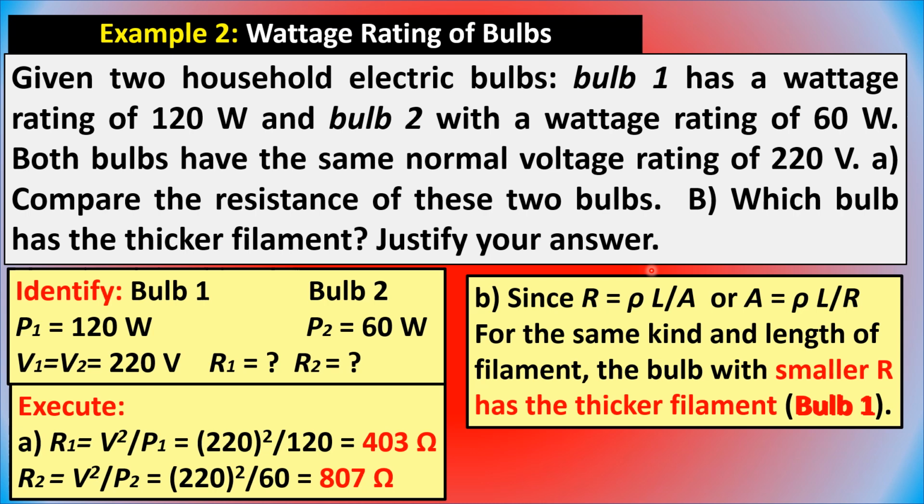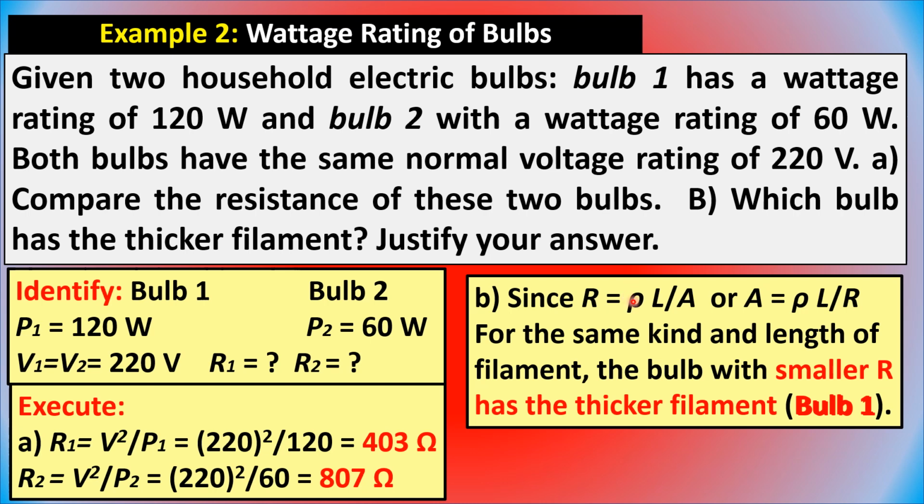This Greek letter rho stands for resistivity. It's like the opposite of conductivity. Conceptually, the resistivity value tells you the ability of a given material to oppose the flow of charge.